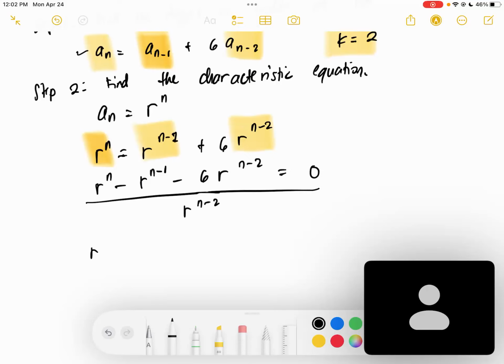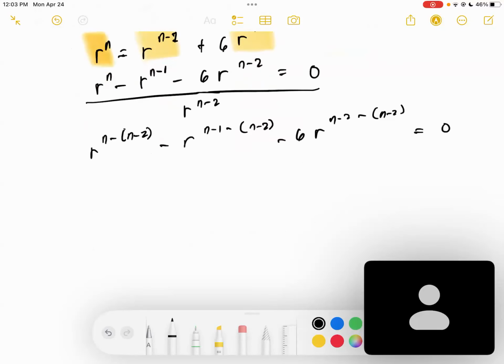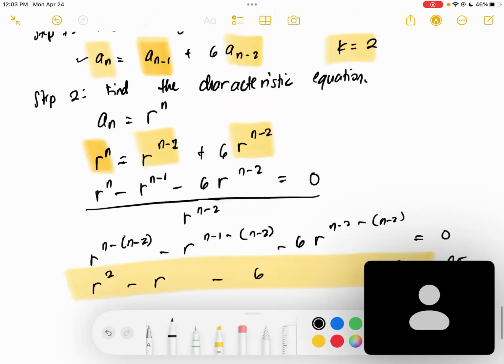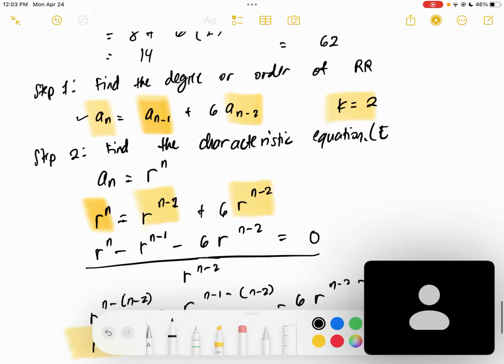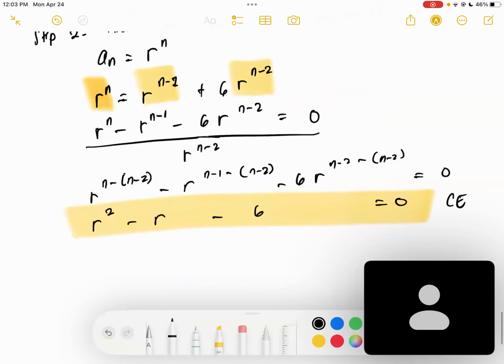So we'll have r raised to n minus (n minus 2) and r raised to (n minus 1) minus (n minus 2) minus 6 r raised to (n minus 2) minus (n minus 2), and that is equal to 0. This will be simplified to r squared minus r minus 6 equals 0. This will now be our characteristic equation, or CE.